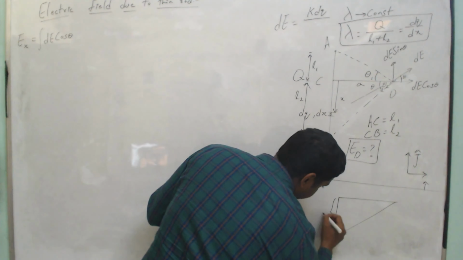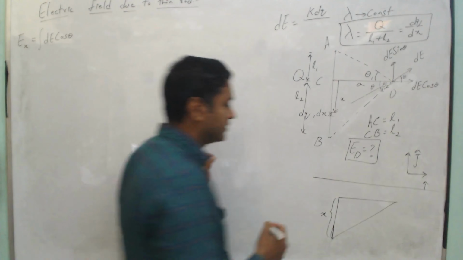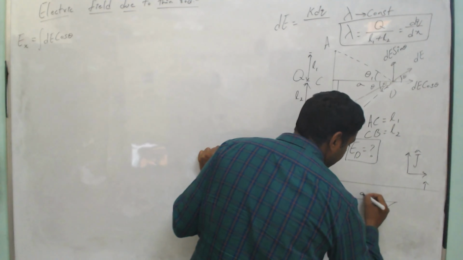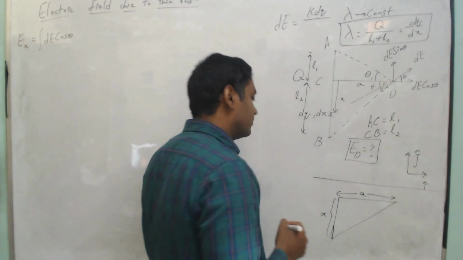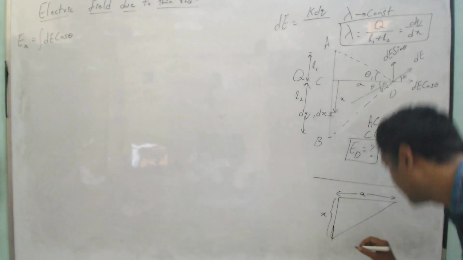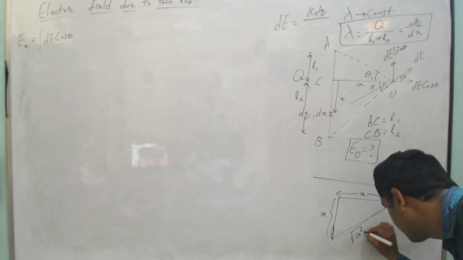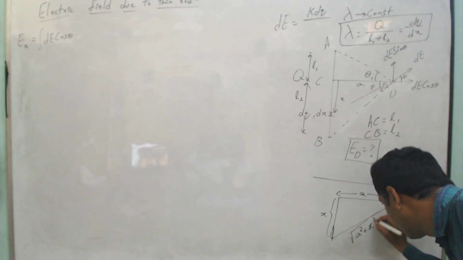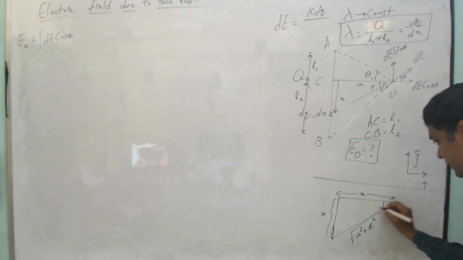This is my x, and this is my a. What is the hypotenuse? Hypotenuse is square root of a square plus x square, correct? And this angle is theta.